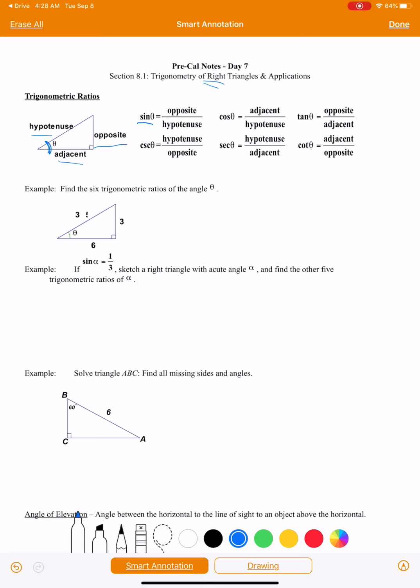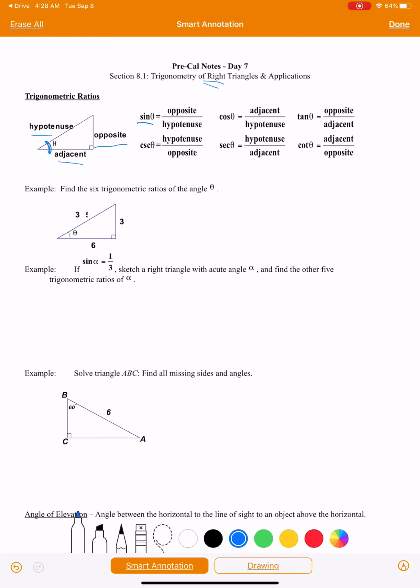All right, so we have all these different trig ratios: cosine, tangent, cosecant, secant, cotangent. Cosecant is just sine flipped around, secant is cosine flipped around, and cotangent is tangent flipped around. So those are related to one another.